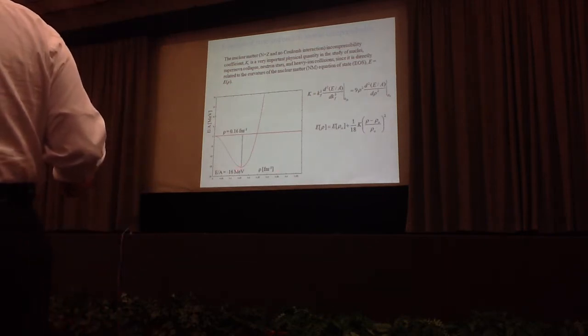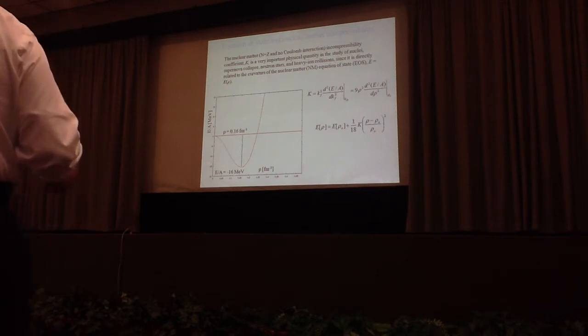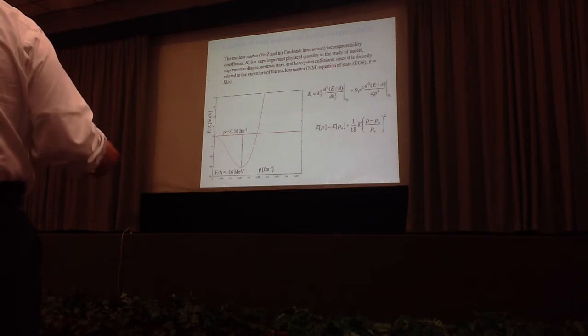On this curve, we know very well that the minimum binding energy per nucleon is 16 MeV at density 0.16. In order to extend our knowledge of the equation of state, we need the second derivative.